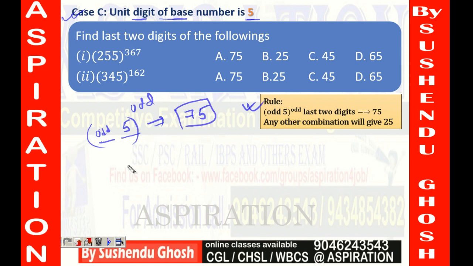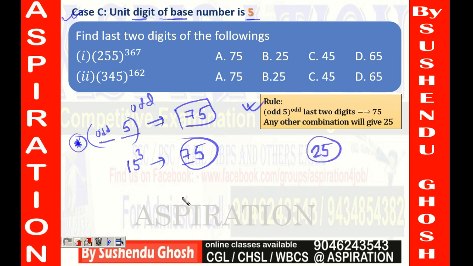For example, if we consider 15 cube, it will always have 75 as the last two digits. Any other combination except this one will always give you 25 as the last two digits.